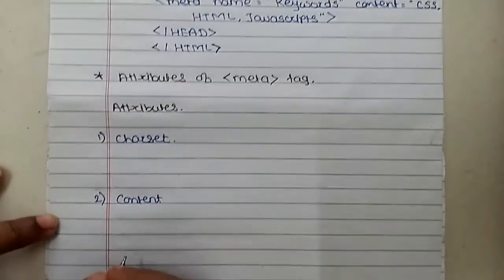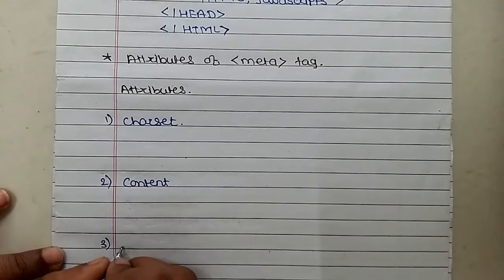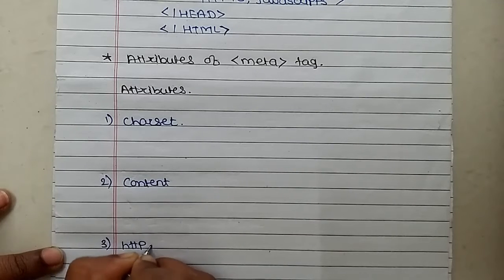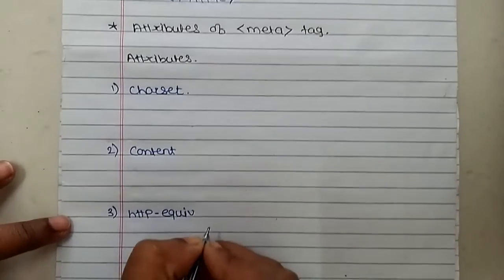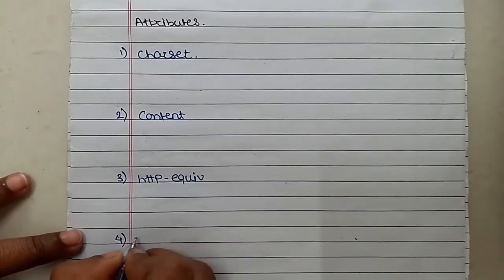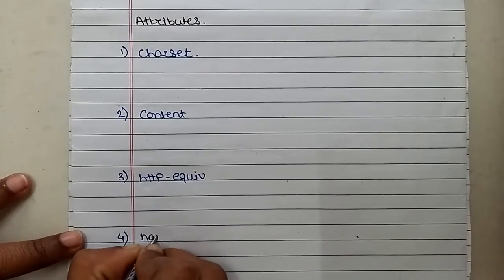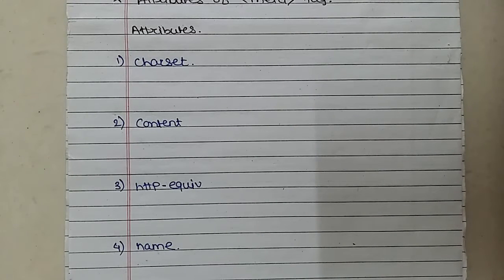The third one is http-equiv. The fourth is name. So these are some attributes of the meta tag. We will discuss one by one the values and the description of each attribute.